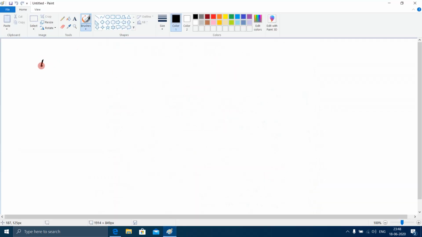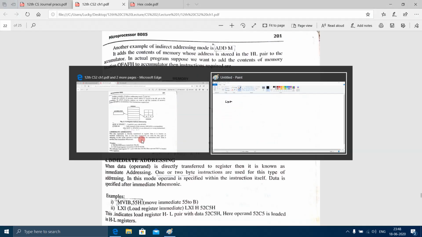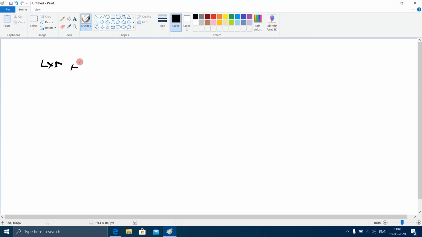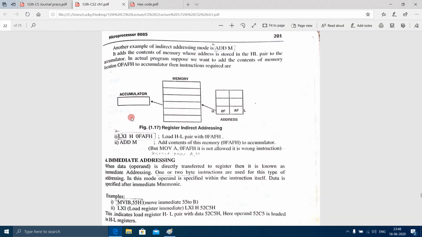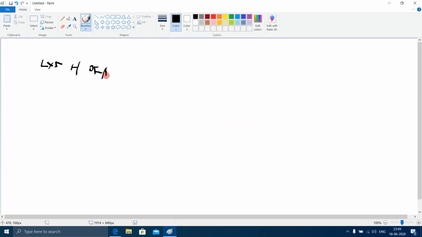So the instruction is LXI H, 0FAFH, and the next instruction is ADD M. What does this mean?